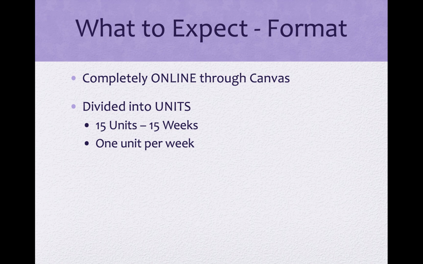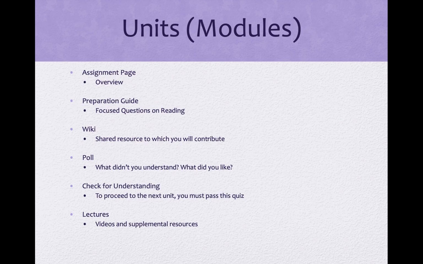What are we going to be doing in this class? Briefly, it's completely online, and you're going to be working from unit to unit. I have the course divided into 15 units. There are 15 weeks, so roughly we're going to be doing 1 unit per week. Now, what is in a unit? A unit or a module in Canvas has an assignment page with an overview of the assignment for the unit, and a preparation guide, which is a focused guide of questions for your reading.